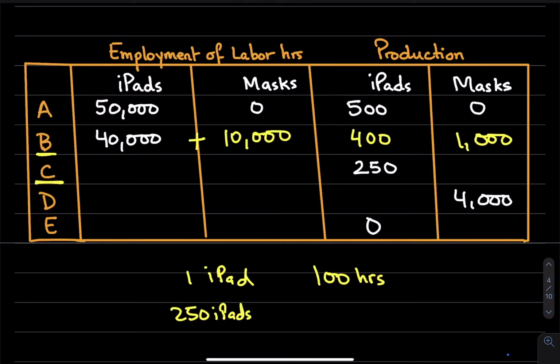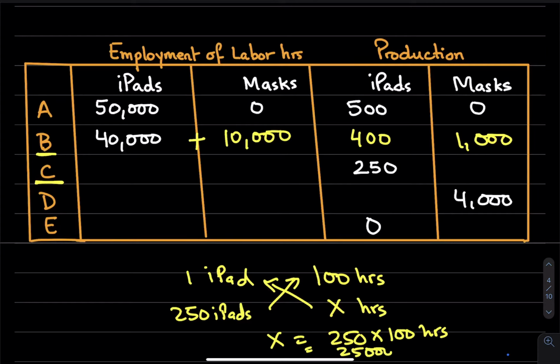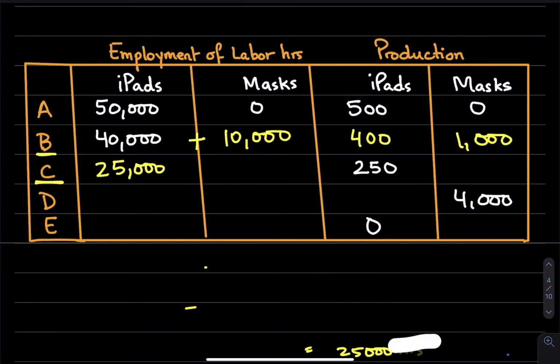You can do this many ways, but let's say you wanted to calculate X hours. Again, you cross multiply and you get X equals 250 times 100 hours, which is 25,000 hours. So at this point we can write down that 25,000 hours must have gone into iPad production to produce 250 iPads.